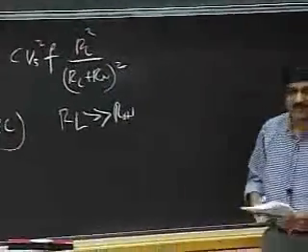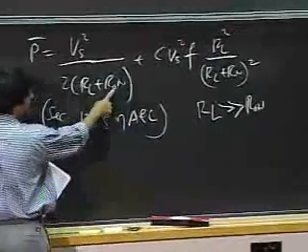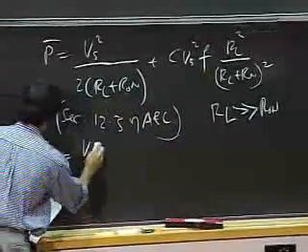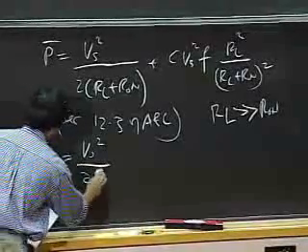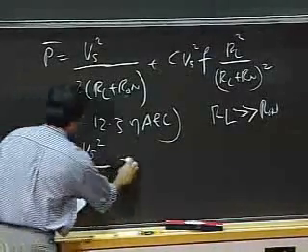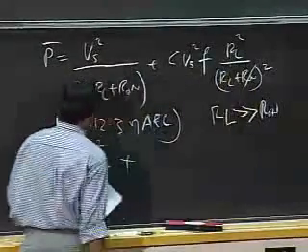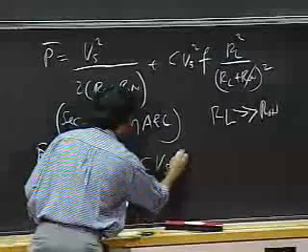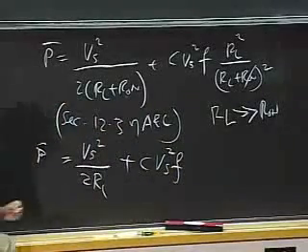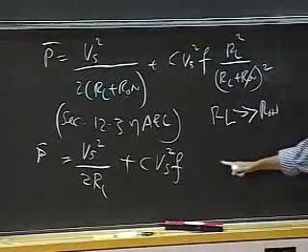If RL is much greater than R-on, then I can ignore this R-on here, and I get this. If I ignore R-on, then RL and RL cancel out, and I get C Vs squared F. So if I ignore R-on compared to RL, this is the expression I get.